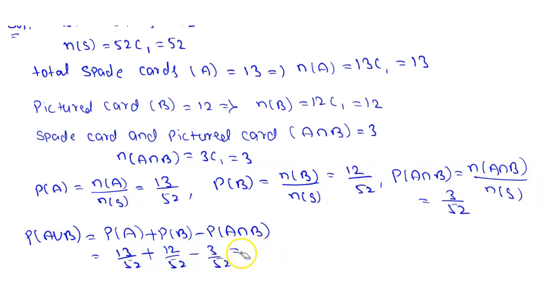For all of these the denominators are the same, right? LCM is also the same, 52. So 12 plus 13 is 25. 25 minus 3, right? That is equal to 22 by 52. This is the answer. Okay.